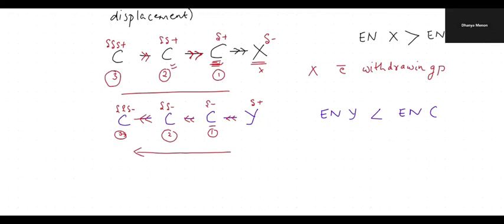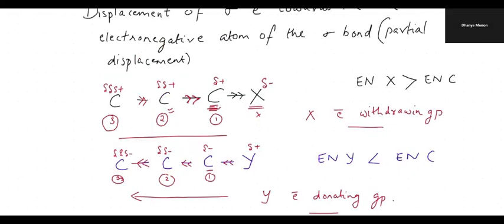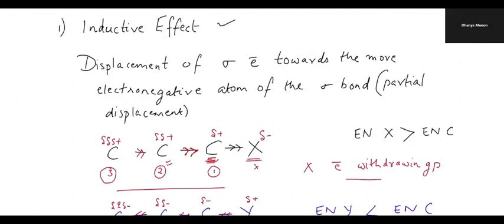Here Y is donating the electron, and such groups are called electron donating groups. You will be learning some groups that are electron withdrawing and some groups that are electron donating. So this is the inductive effect, where displacement of sigma electrons takes place.